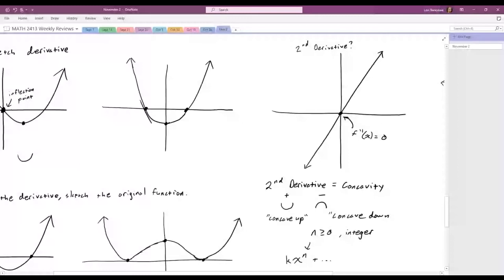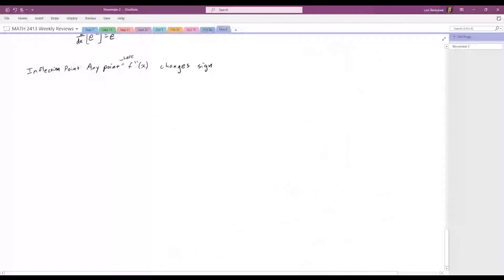This is kind of analogous to your critical points. Your critical points are points where your function will have a maximum or a minimum. Your inflection points are points where your function changes concavity.